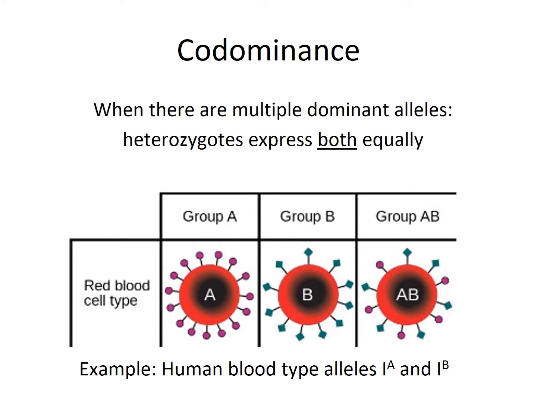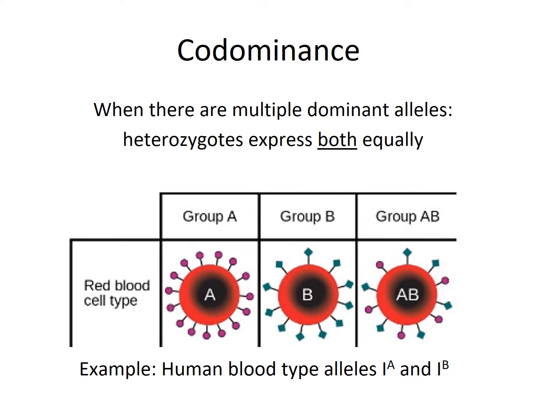So if you are a person who inherited the dominant A allele from mom, and you also inherited the dominant B allele from dad, your red blood cells display fully the A antigen and also the B antigen. And so while your parents might be blood type A and blood type B, you, having inherited both of these dominant alleles, because the alleles are codominant to one another, you are blood type AB.